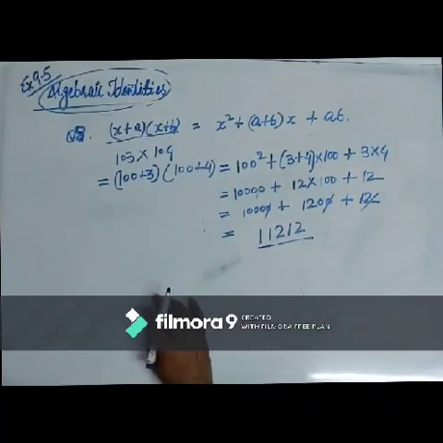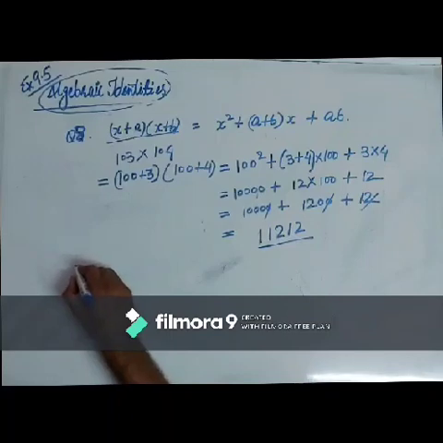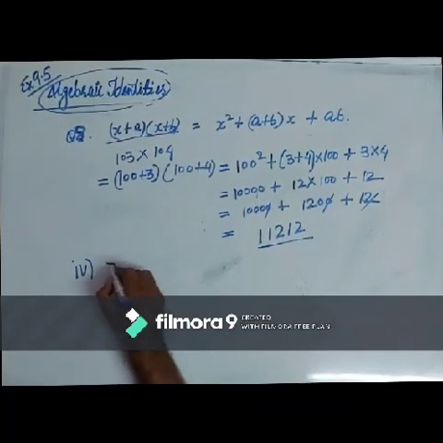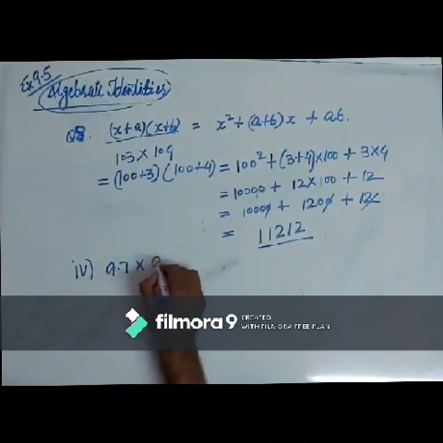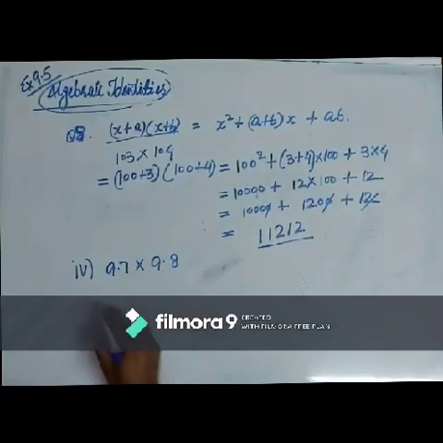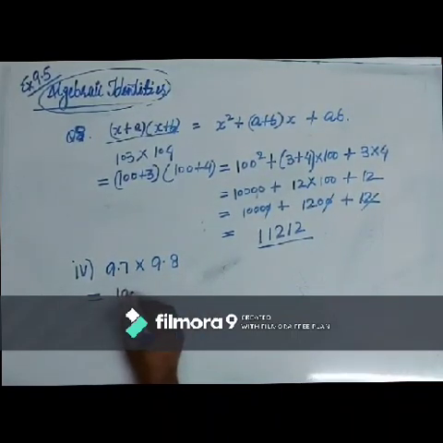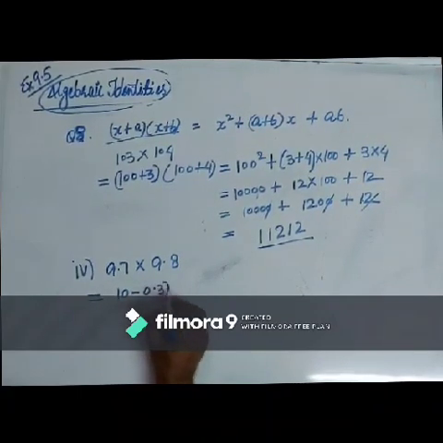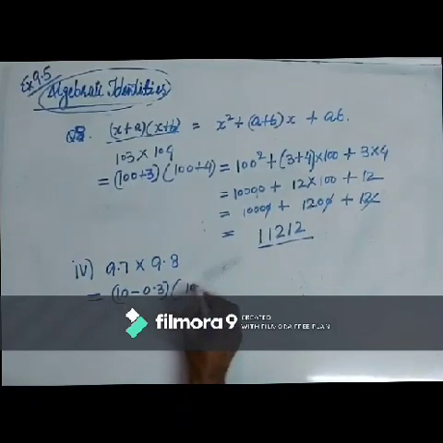Let me do another one for you, the last component, the fourth part, that is 9.7 into 9.8. If I rearrange and reassemble, I will get 10 minus 0.3 and 10 minus 0.2.